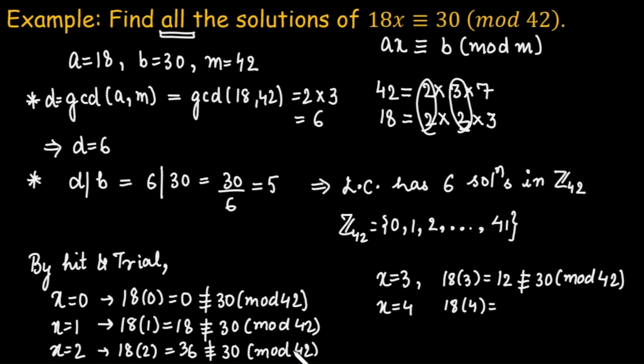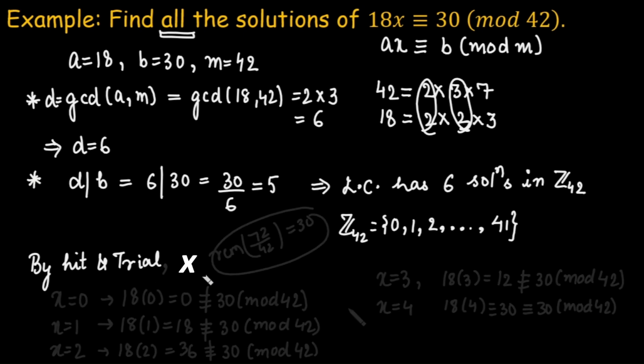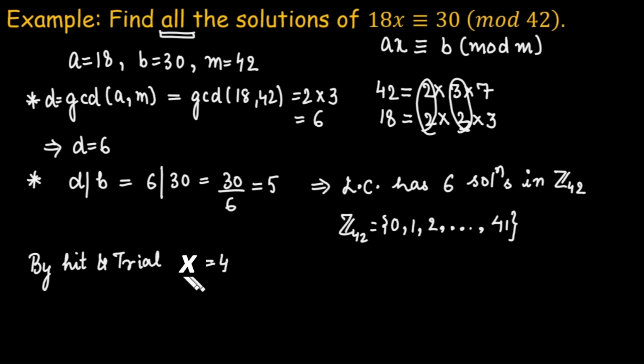When 72 is divided by 42, what is the remainder? In this case the remainder is equal to 30. So this can be written as congruent to 30 mod 42. So the first solution by hit and trial we are getting is x naught equal to 4.